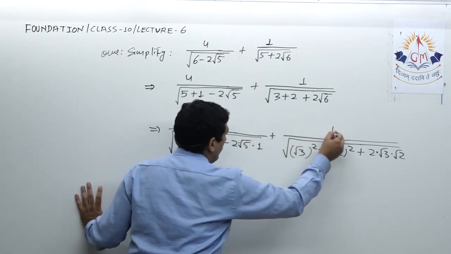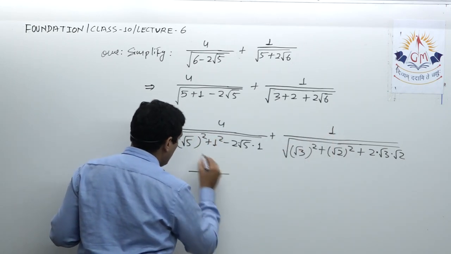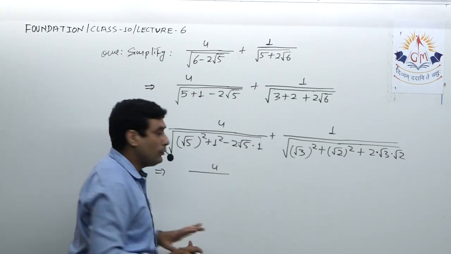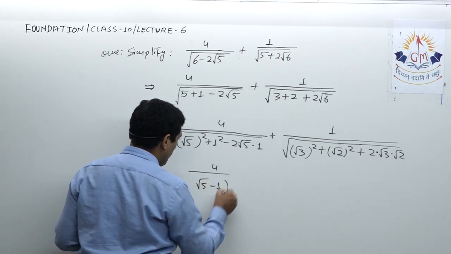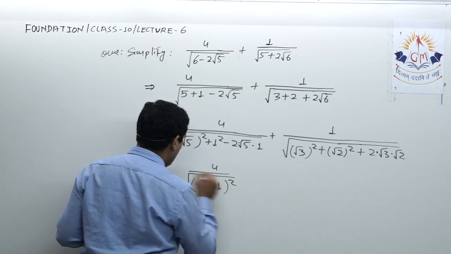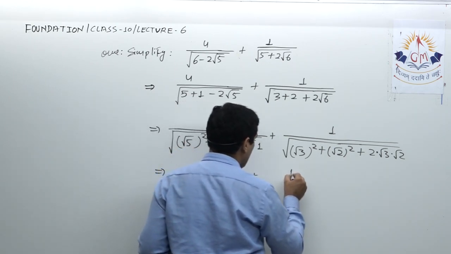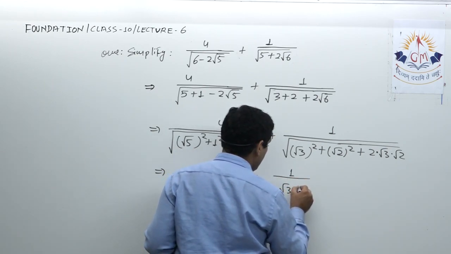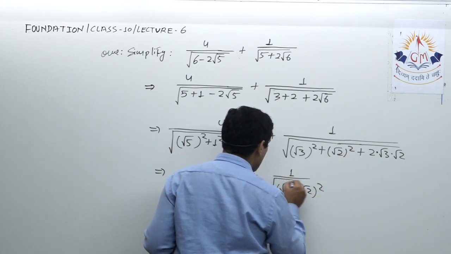Now further this will become 4 upon, now this is a square plus b square minus 2ab, that is a minus b whole square. So root 5 minus 1 whole square, it is within the root sign. Similarly over here we will get 1 upon root 3 plus root 2 whole square within the root sign.